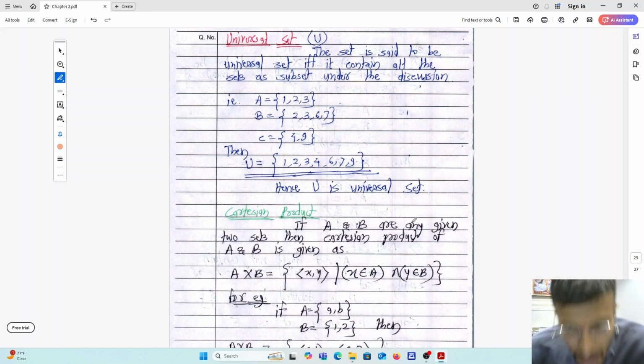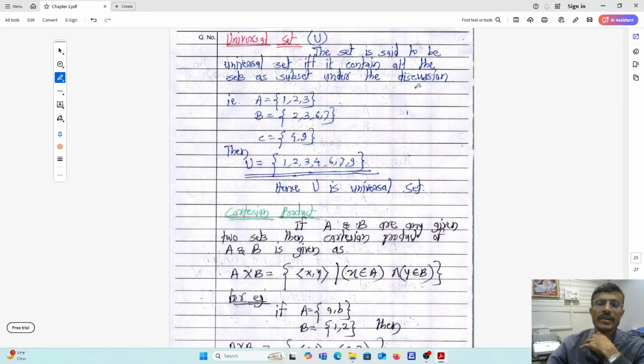Then universal set. What is meant by universal set? A set is said to be a universal set if and only if it contains all the sets under discussion as subsets. For example, if 3 sets are given to you, or more than 3 sets, not necessarily only 3, 1, 2, 3, 4 up to infinity, and all the elements of the given sets are included in a particular set, then that set is called a universal set. You can see here A is equal to {1, 2, 3}. This 1, 2 is included over here.